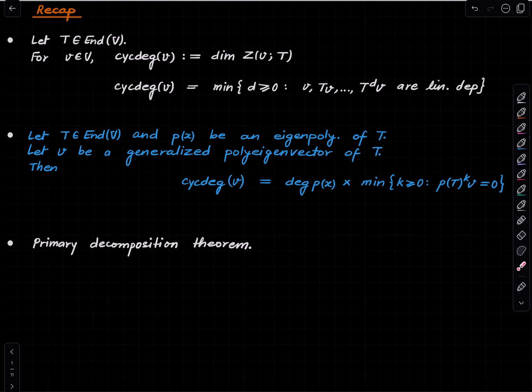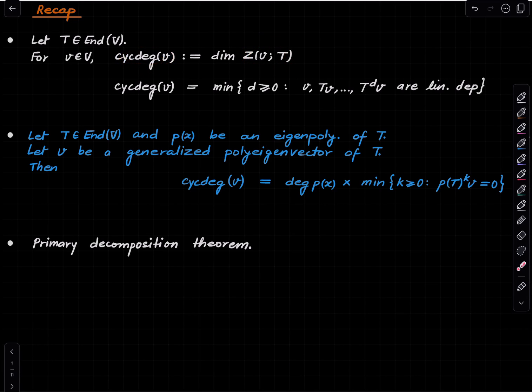Of course, we won't be able to recall everything that we need, but let's recall at least a few things that we will need to follow this lecture. So again, we have some endomorphism on a vector space V. Then for any arbitrary vector in the vector space, we defined the cyclic degree of V, and this was a non-standard terminology, as the dimension of the cyclic subspace generated by the vector.